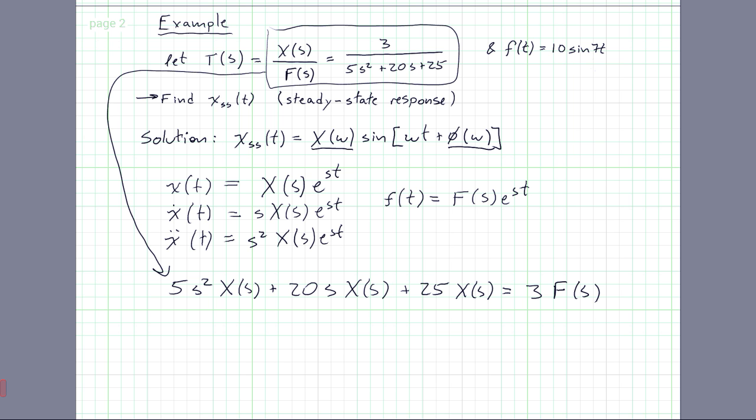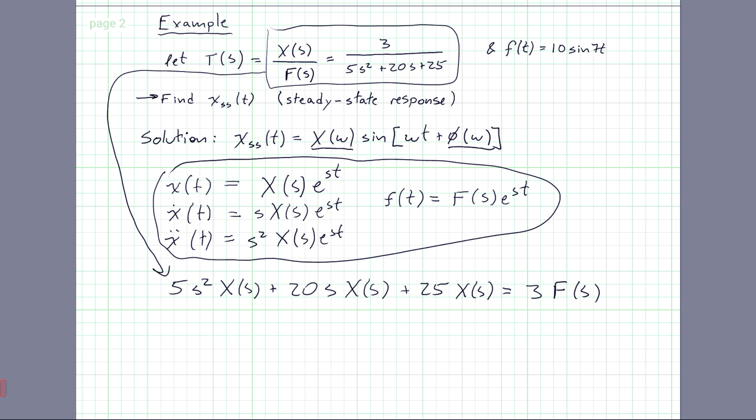Now, I'm going to let you figure this out, but this is really easy. You can quickly realize that this whole thing can be brought back into the time domain by applying these relationships in inverse form. So this becomes 5 x double dot, this becomes 20 x dot, and this becomes 25x.